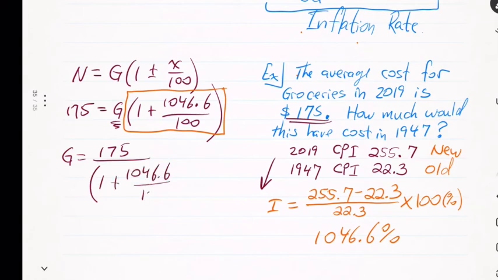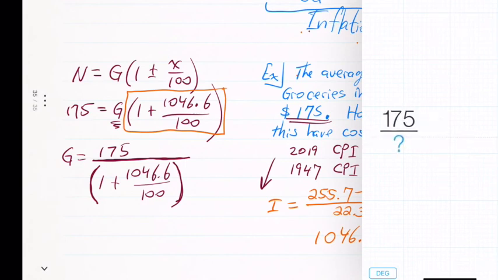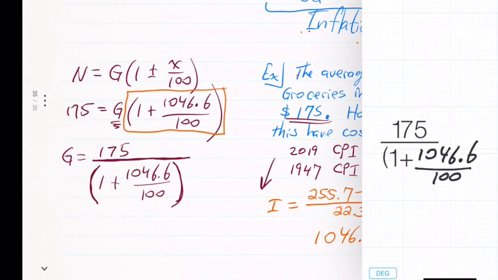1046.6 divided by 100. Now, if you don't do the parentheses, you'll get the wrong answer. So make sure you put a parenthesis right after the division sign and then end it off with a parenthesis. So 175 divided by, parenthesis, 1 plus 1046.6 divided by 100, and parenthesis.